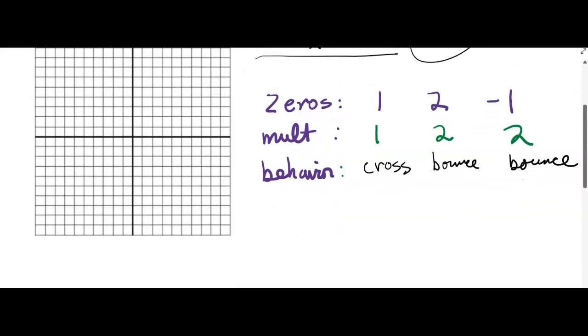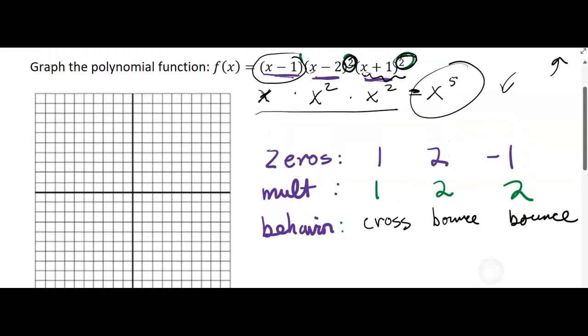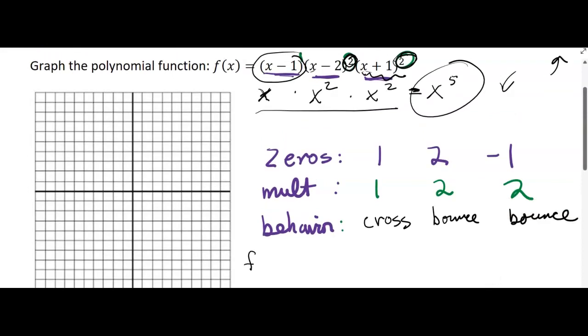That's important. The other thing we're going to do is evaluate the function. We're going to find f of 0. So you're putting in a 0, and you're going to figure out what this is. When we put in a 0, that's going to be the y-intercept, and that's handy.